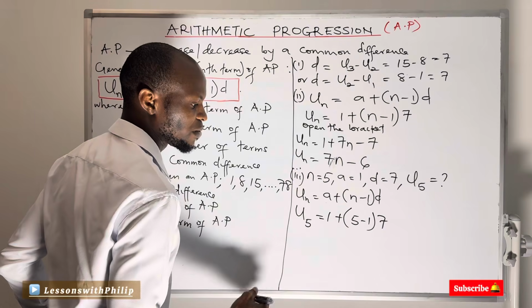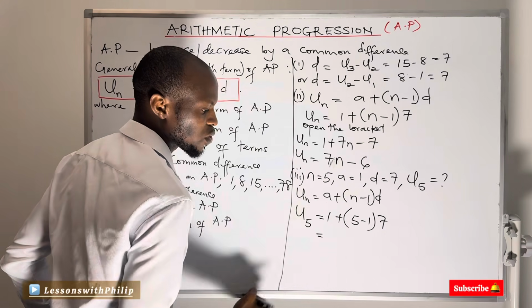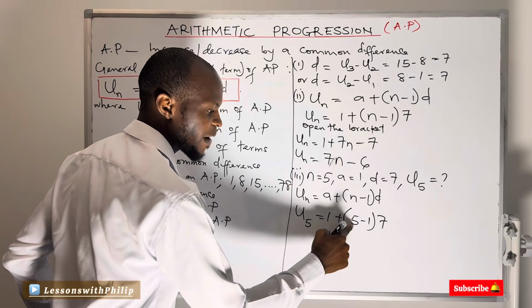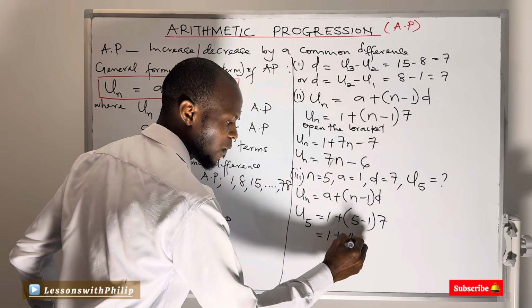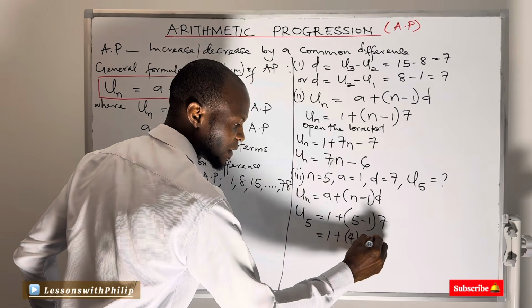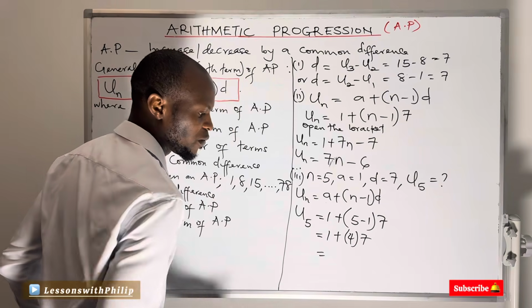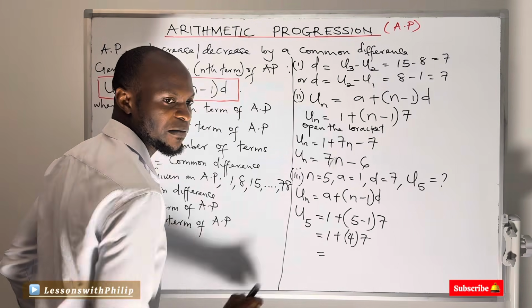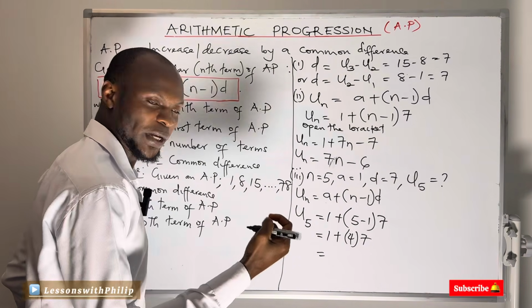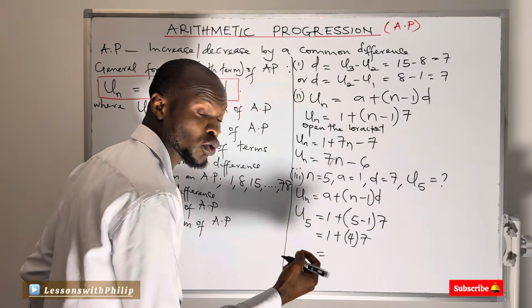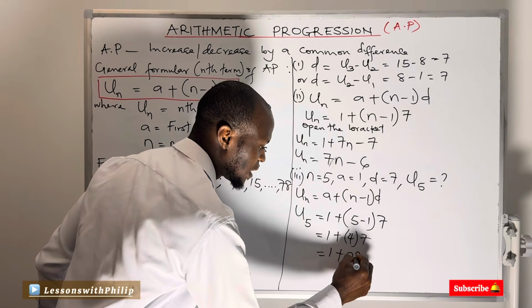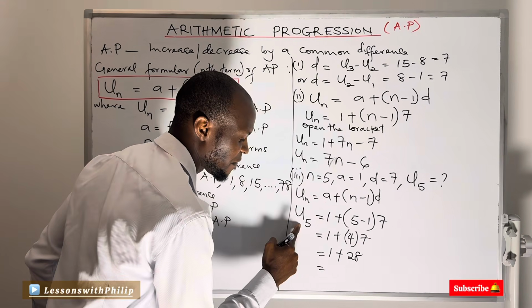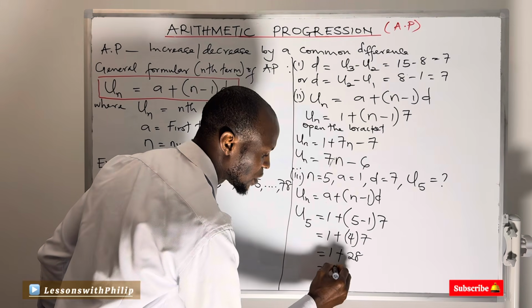If I open this bracket, this will be equal to 1 plus 5 minus 1, which is 4, multiplied by 7. 4 times 7 will be 28. That will be 1 plus 28.